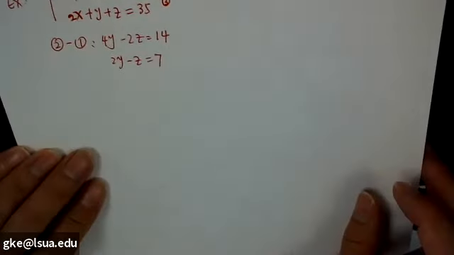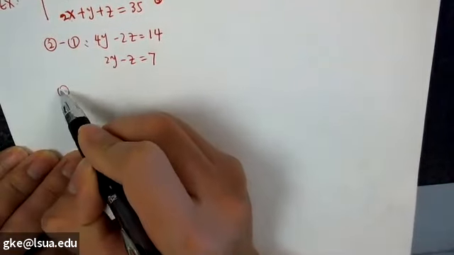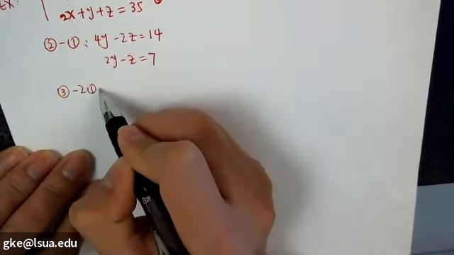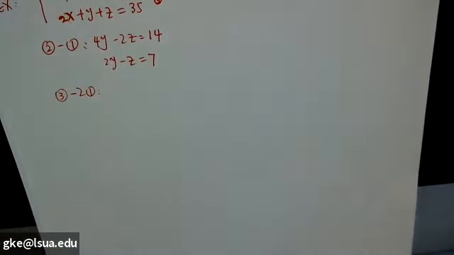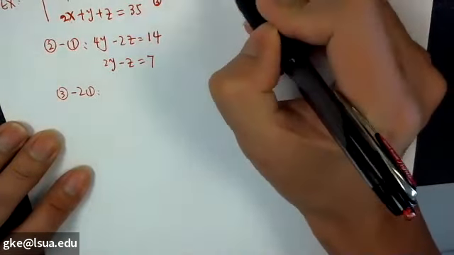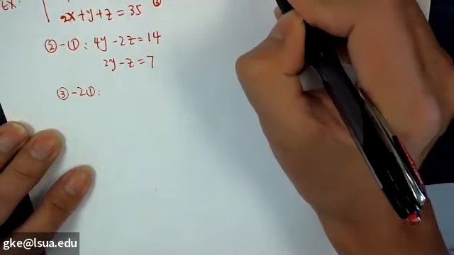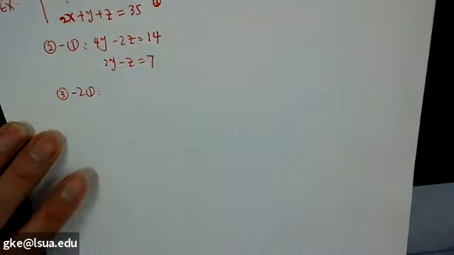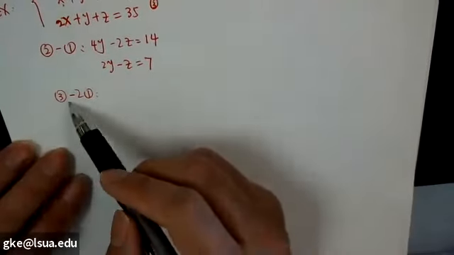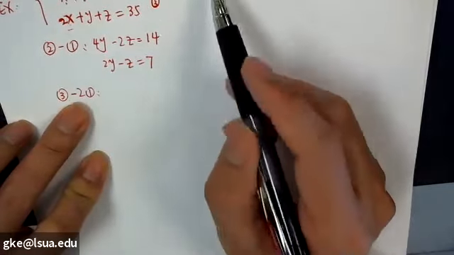Okay, now let's take a look at the third equation, we have 2x. That means 3 minus 2 times 1, 2 times equation 1 gives 2x, 6y, 2z equals 8. Right? So 3 minus 2 times 1, the 2x cancel.